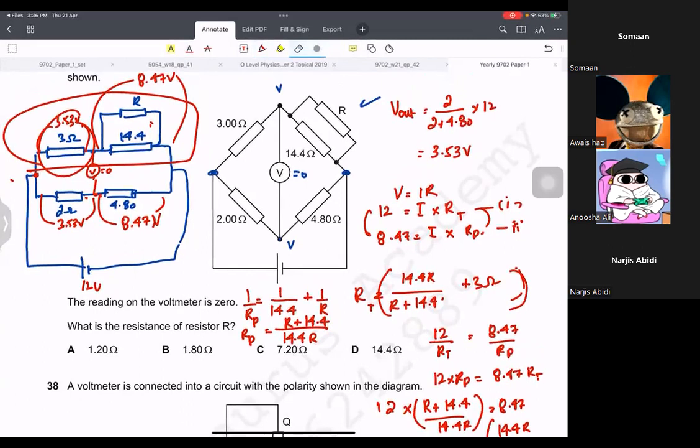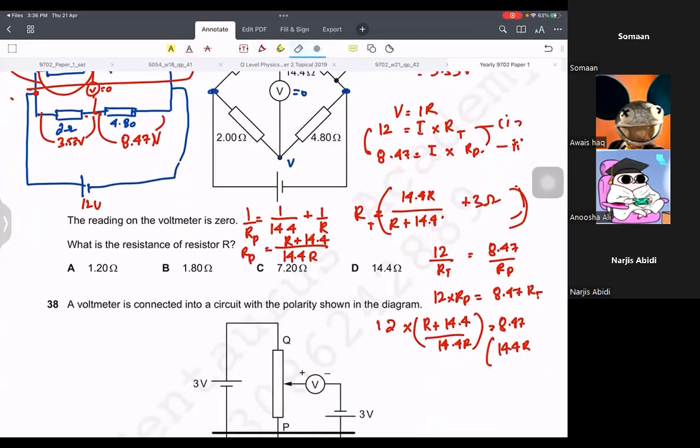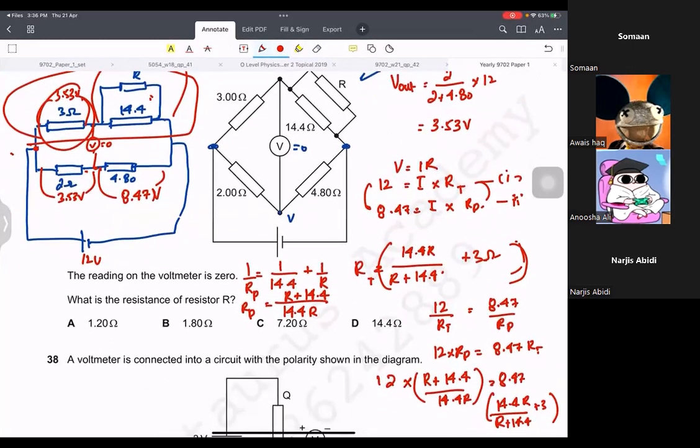I can solve this, but it's going to take forever. Like 14.4 over R plus 14.4 plus 3. If I do this, I have just one variable. I can solve this, but it is going to take forever. I cross multiply, then it will be like, whoa, man, that's too much. I can't do this. I have to think of another way.